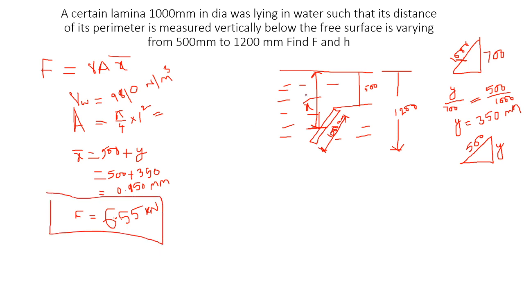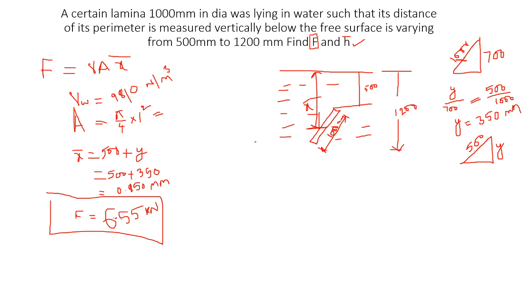Then how do you find the H value, H bar? Now you got F. If you want to find the H bar, it is an inclined surface, sorry, an inclined object.